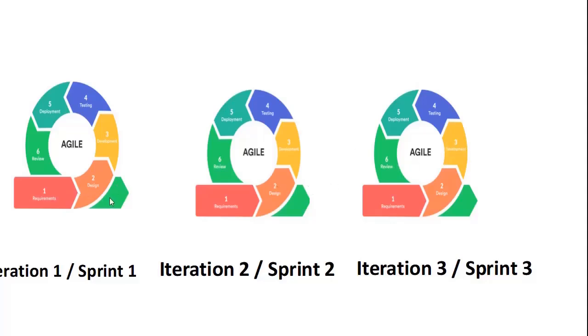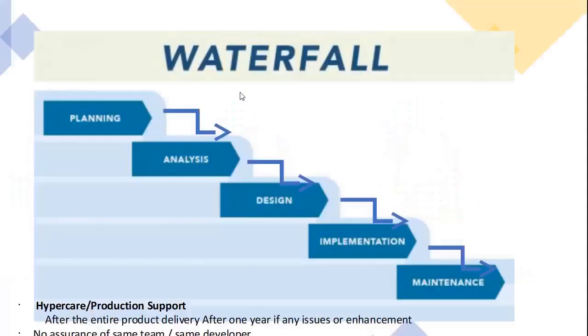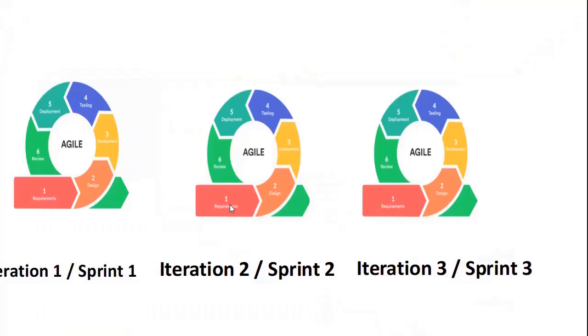So after every 2 or 3 weeks, with each and every sprint, we are interacting with the client. We are taking the suggestions or feedback from the client and implementing those changes right away in our next sprint. So what do you feel? Is waterfall the feasible way, or is agile the feasible way to deliver a high quality product? Obviously agile, right?